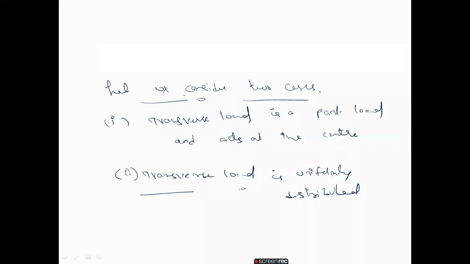For these two conditions, we have to derive and calculate the maximum bending moment, maximum deflection and maximum stress. Based on those formulas, we will solve one problem for each case. Now the first case: the transverse load is a point load acting at the center. We will derive for that one.